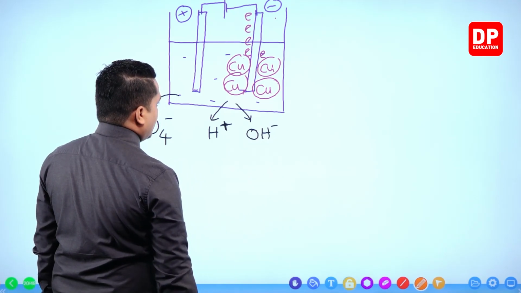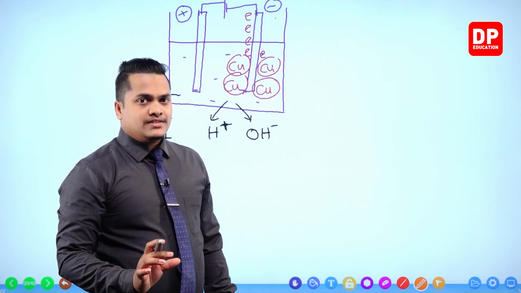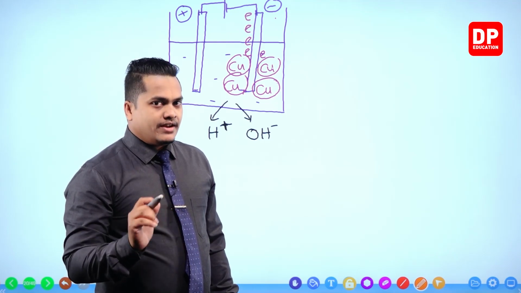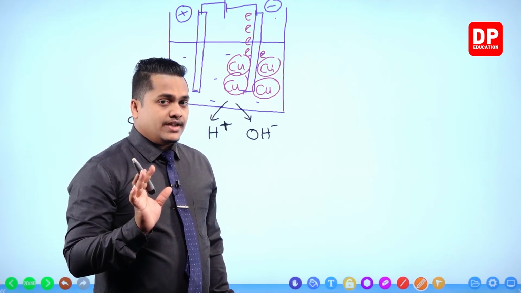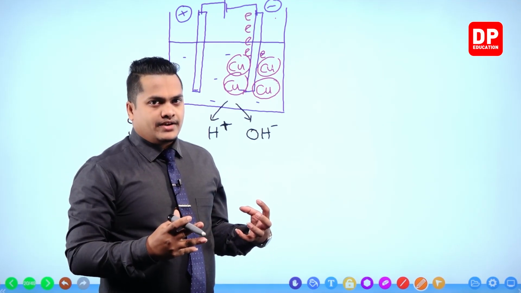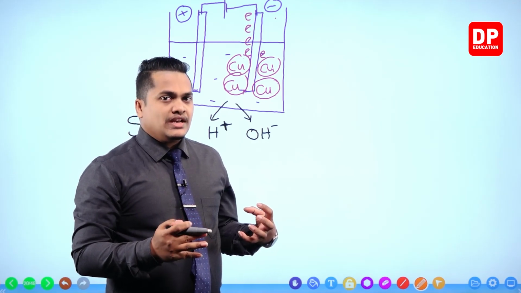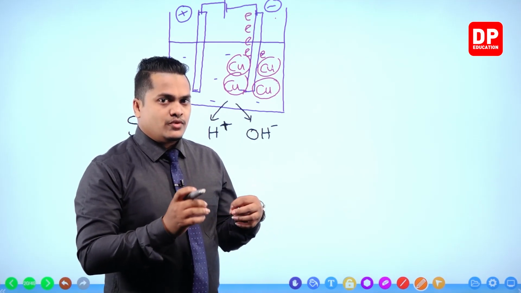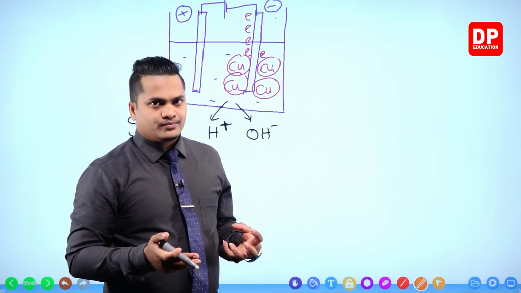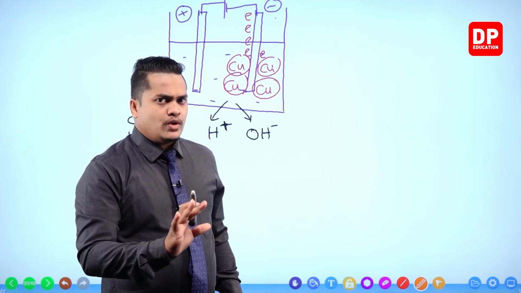You will be learning about the process of electrolysis in grade 11 also, not in grade 10 but in grade 11. In that case, we will identify further, somewhat more advanced theories related to the electrolysis process. By then you will get to know the reasons for how this process occurs. Up to now I am just going to explain how this happens.